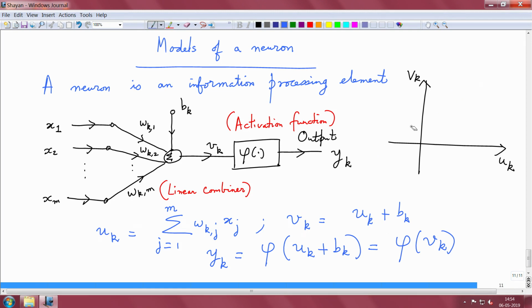If bk is positive, you have a positive y intercept. If bk is 0, you have a line that is going through the origin, and if bk is negative, you have a y intercept which is negative, right. This is basically an affine map.